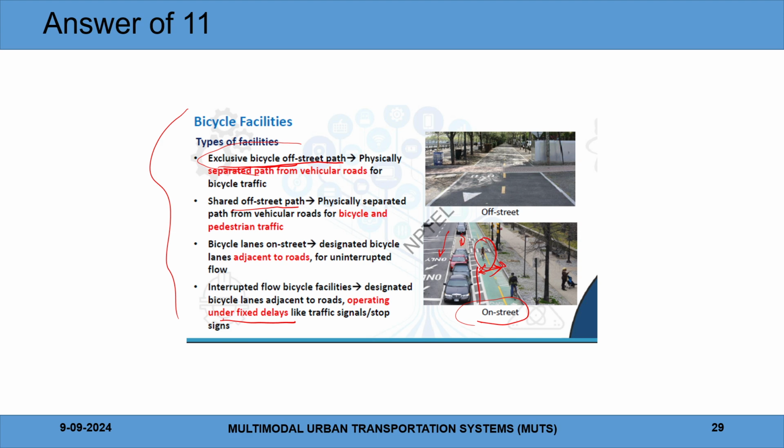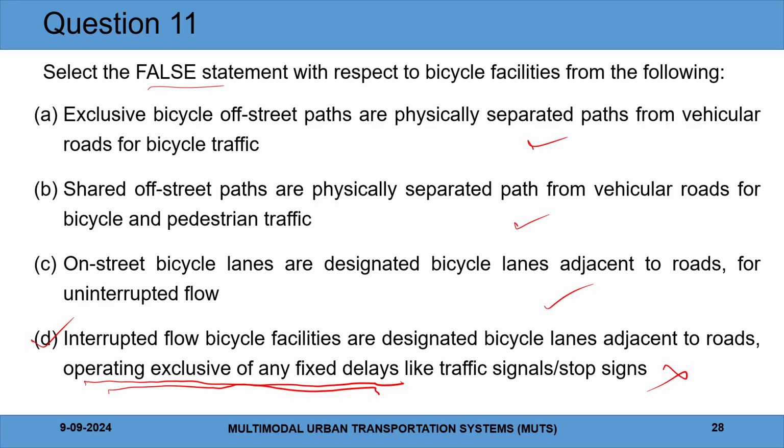So to encourage them, the width must be sufficient. That's why level of service is one of the important aspects before developing any bicycle or footpath facility in a particular place.